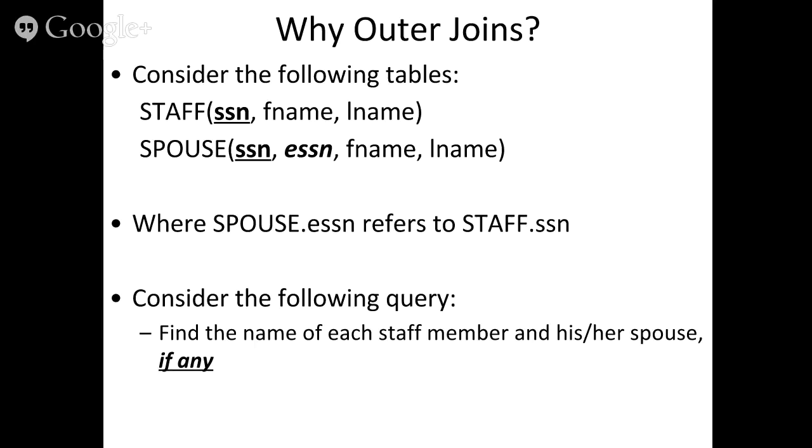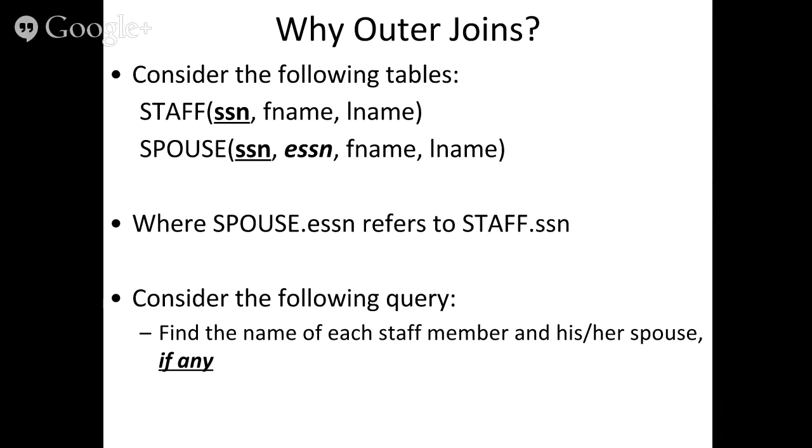The staff might be married or not, and I want to know all the staff members. The query might be: retrieve all the staff members. If they're married, I want to know who their spouse is. If they're not married, I still want to know who the staff is.